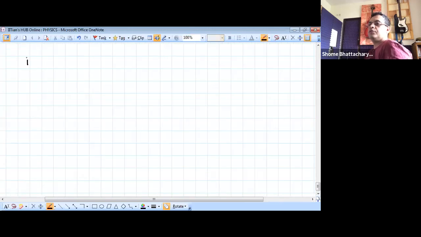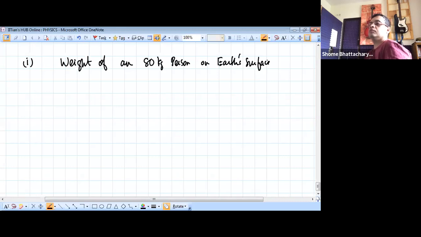Now coming to the first part of the question, you want to find the weight of an 80 kilogram person on the Earth's surface. The weight will become mg, where g is g on the Earth's surface.